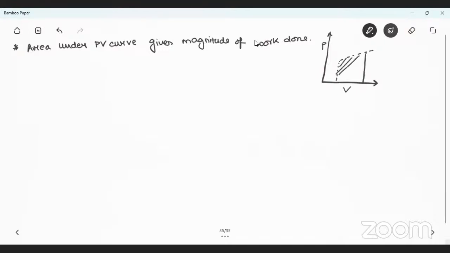So this is our work done. Okay. So the area under PV curve gives the magnitude of work done. So this shaded area is magnitude of work done. Okay, done. Next conclusion.